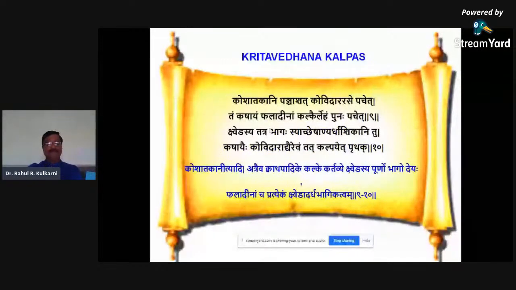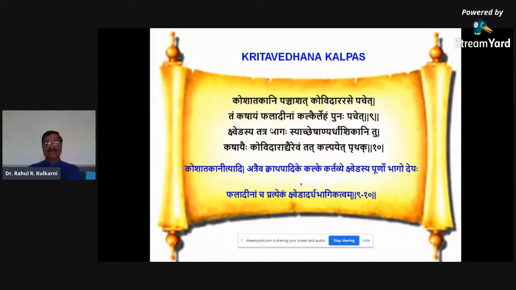Koshatikanani panchashat kovidara rase pachet tam kashayam phaladinam kalkairleham punam pachet. Now 15 koshataki phalas have to be taken and, with the kovidaradi 8 dravyas' kashaya, subjected to pachana.